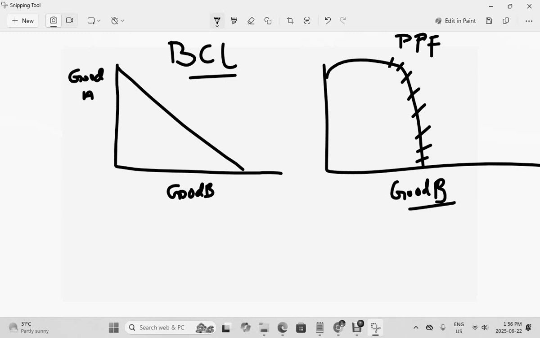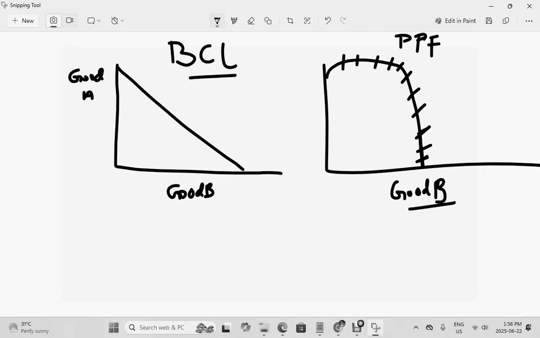And the reason the opportunity cost goes up is because, even though there is a benefit from producing good B, let's say on the curve, just between these two points, for example, there is the opportunity cost of giving up good A. So that's basically your production possibilities frontier when it comes to opportunity cost.